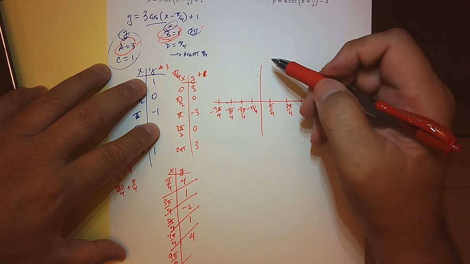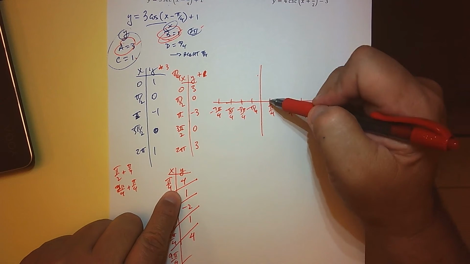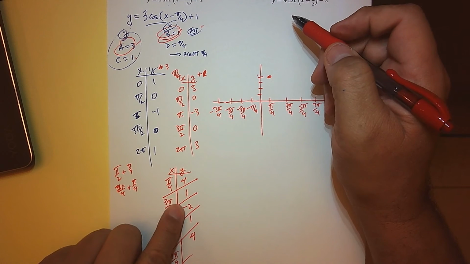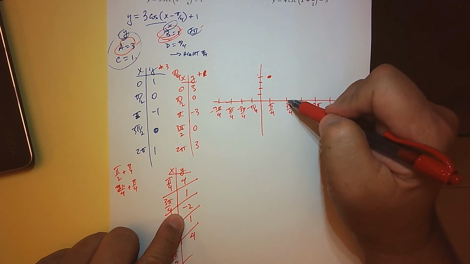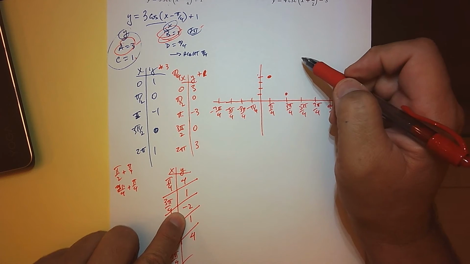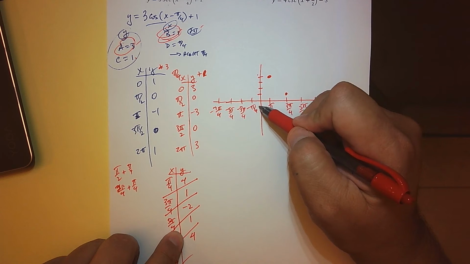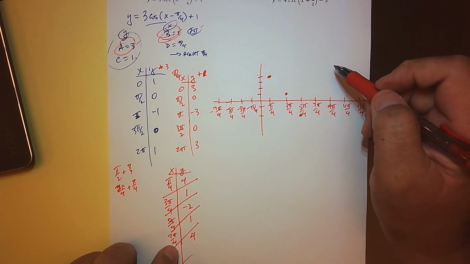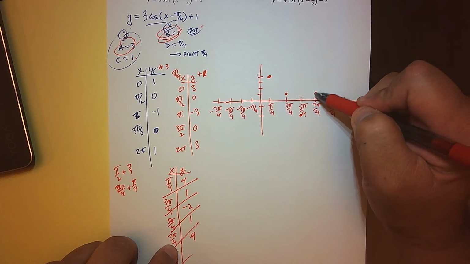And so for our graph, we have pi over 4 and 4. We have 3 pi over 4 and 1. We have 5 pi over 4 and negative 2. We have 7 pi over 4 and we're back at 1.